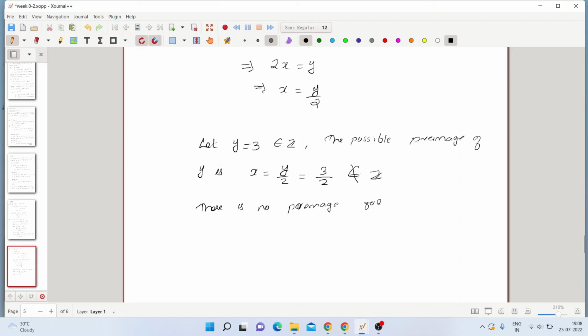That is, here (1, 1) does not belong to the less than relation, because 1 is not less than 1. So from this condition itself it is not reflexive, so it is not an equivalence relation.